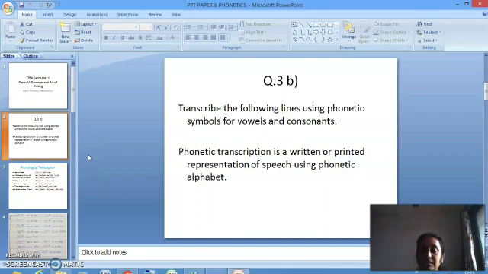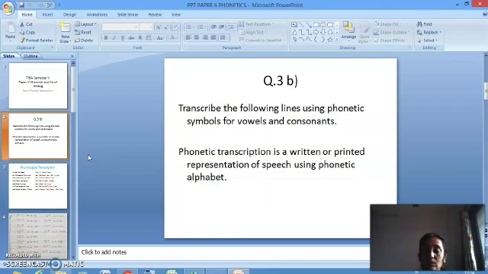You might have used the dictionary, physically and in your mobile also. So after every word in 2 bars there is something written. Okay, so that is what a phonetic transcription of that word.